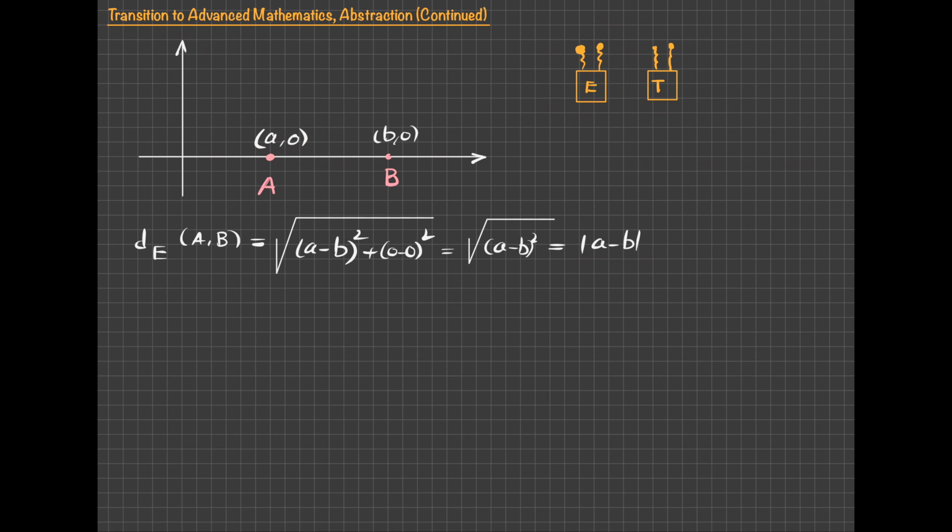And then if they use the other gadget, which is the taxicab gadget, then they will calculate this, because it is designed in a way that it calculates this. But in this case, the difference between x coordinates is a minus b, the difference between y coordinates is this one, and then they will get the same answer.